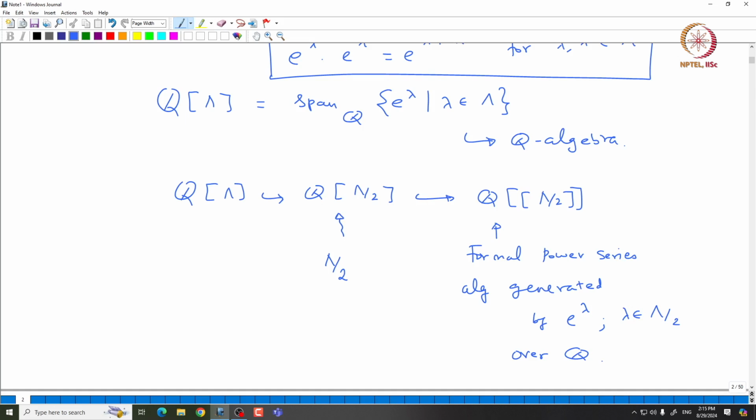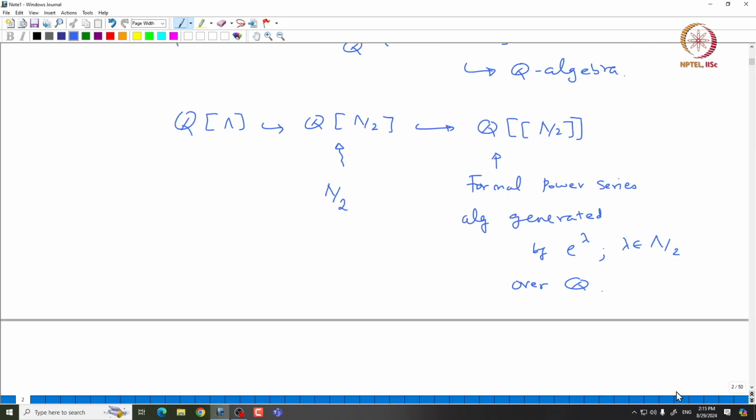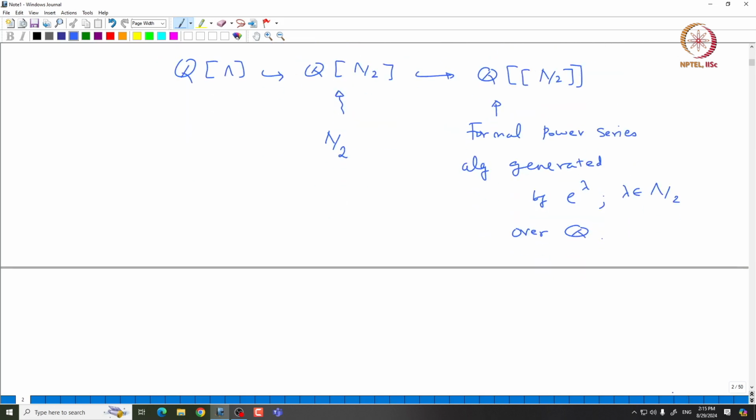So, we can start doing addition, multiplication and so on, as long as the coefficients involved in those computations are all finite. So, we do not need to worry. The only thing that we are going to use is the following identity, and that is what we should be comfortable with.